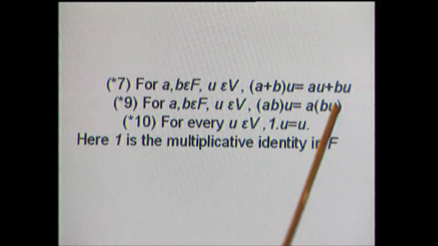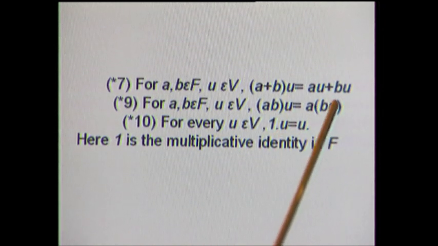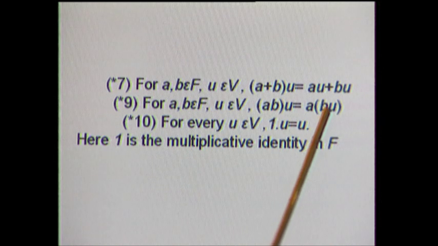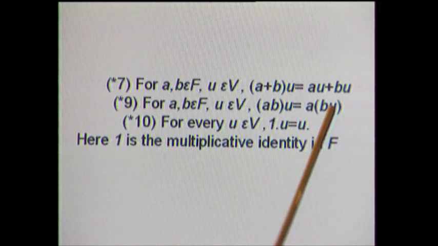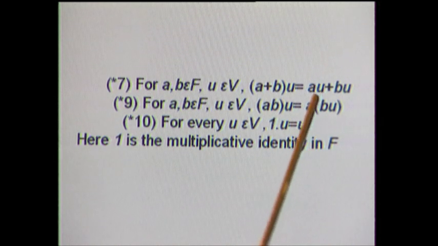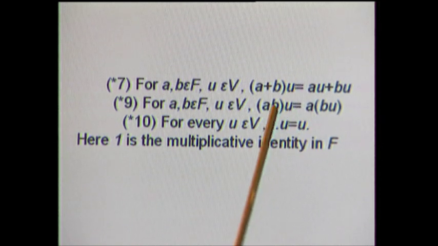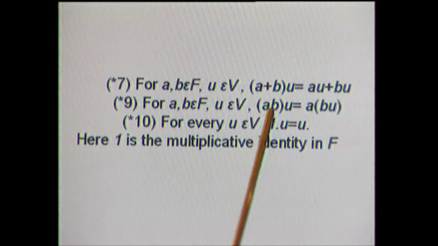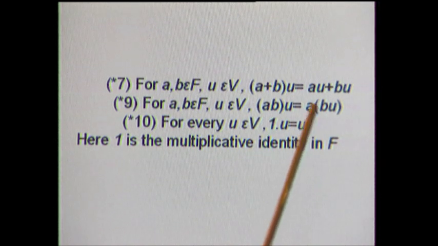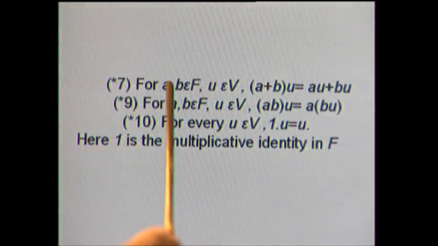And again b into u is a vector in V, and scalar b is multiplying u, this is scalar multiplication, and again this vector is multiplied by another scalar, this is scalar multiplication, means the multiplication in the field must be compatible with scalar multiplication. That is what this property 9 says.